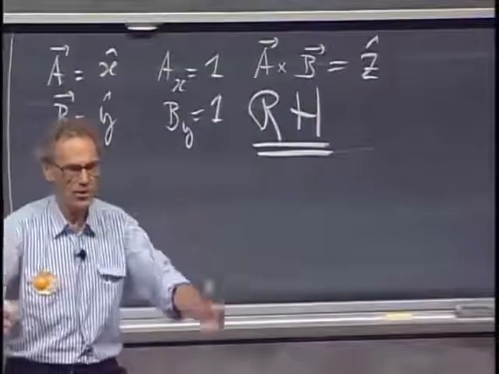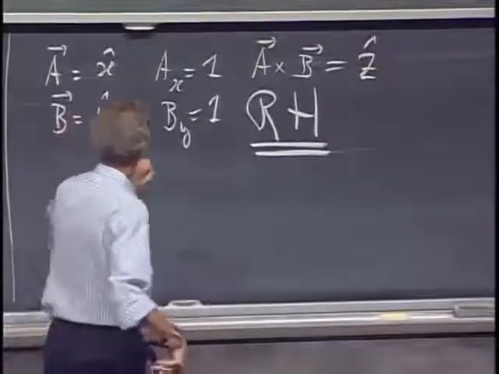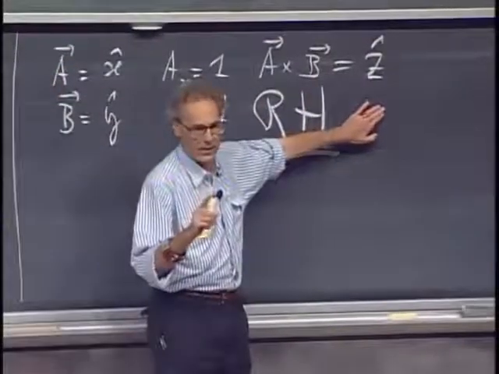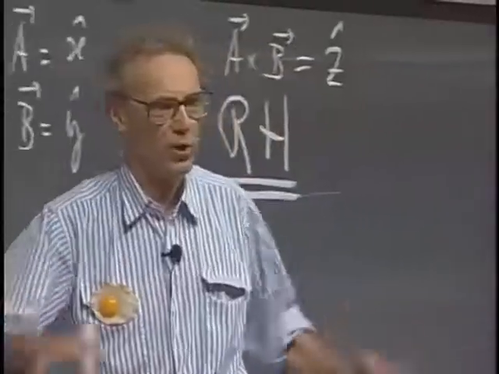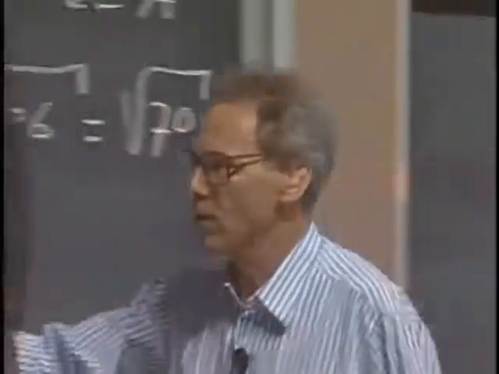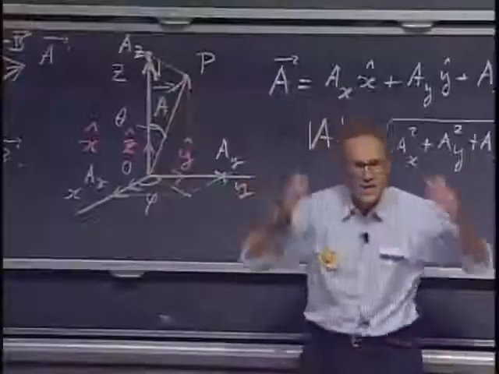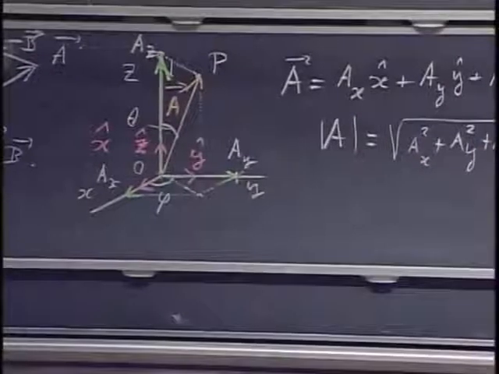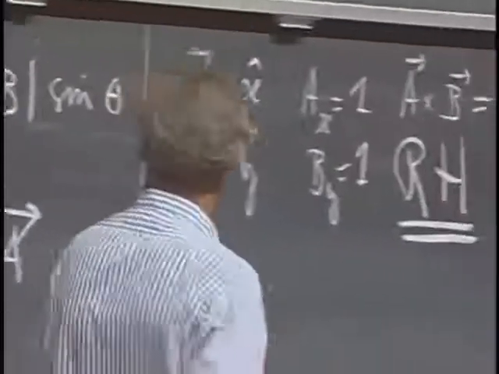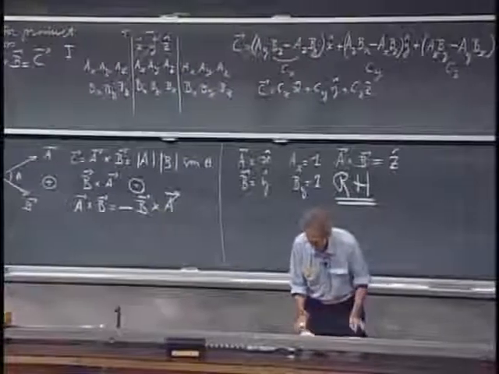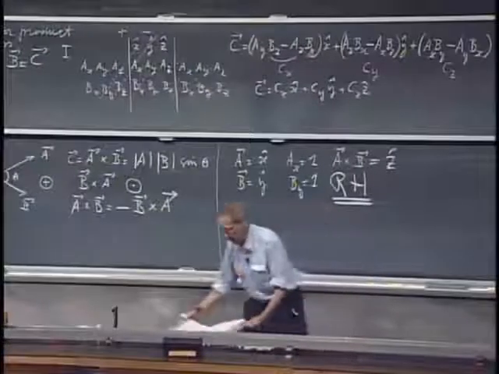And a right-handed coordinate system, by definition, is one whereby the cross product of x with y is z, and not minus z. So whenever you get involved in the future with cross products and torques and angular momentum, always make yourself an x, y, z diagram for which x cross y is z. Never, ever make it such that x cross y is minus z. You're going to hang yourself, because for one thing, that wouldn't work anymore. So be very, very careful. If you use the right-hand corkscrew rule, make sure you work with the right-handed coordinate system.